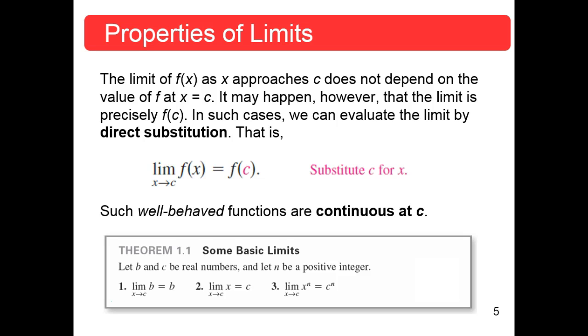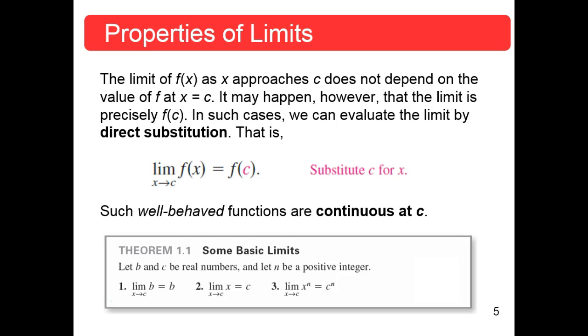It may happen, however, that the limit is precisely f of c. And when that happens, we really like it. In such cases, we evaluate the limit by direct substitution. Plug it in. That's always the first thing to try. When you're looking for the limit as x approaches c of f of x, the first thing I do is plug in c for x and see what you get.